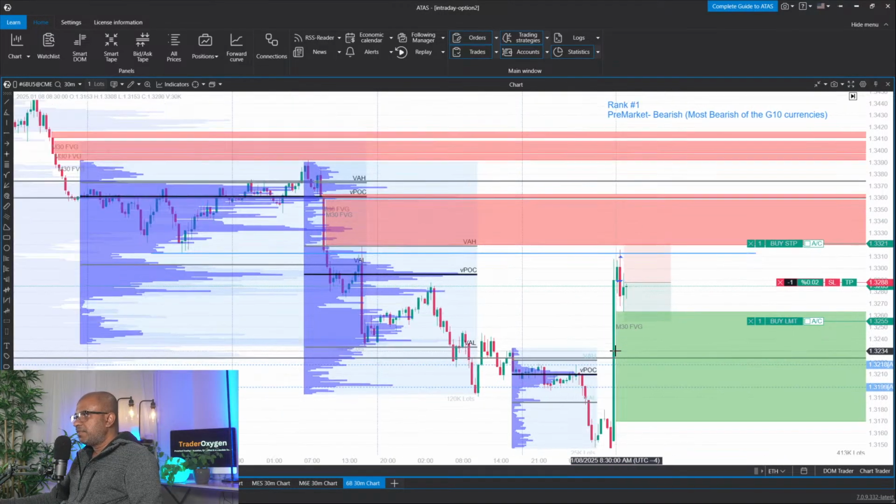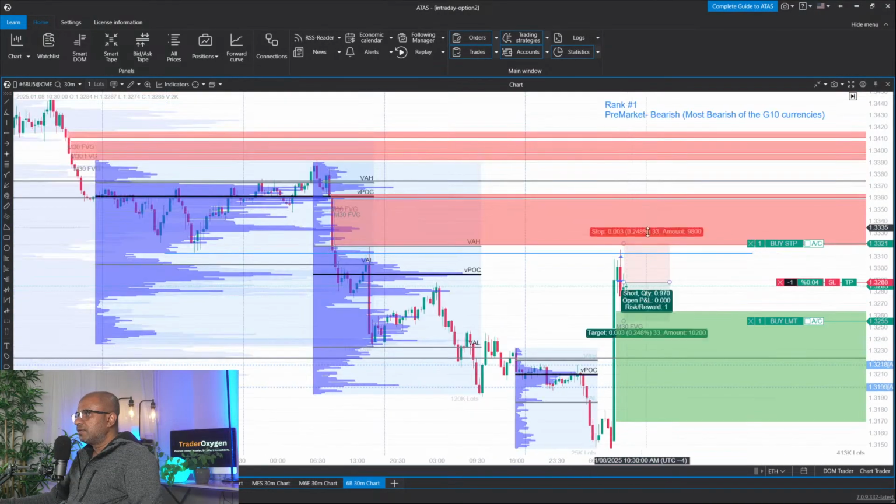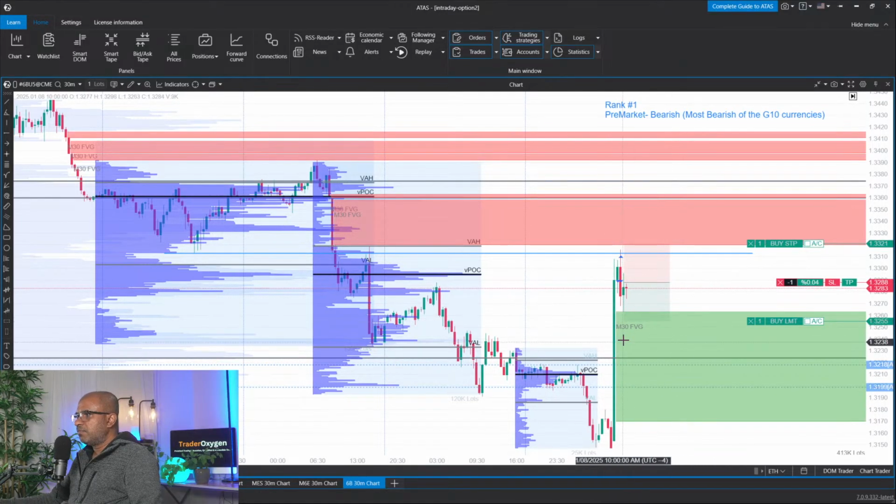When the price came all the way up, it almost came near this bearish fair value gap, which is a smart money concept. And you can see when the price pushed up, it has made a bullish fair value gap over here. Those are smart money concepts. We just look into them.